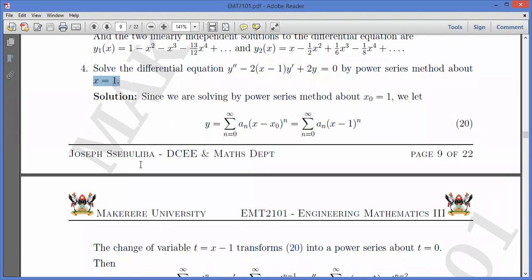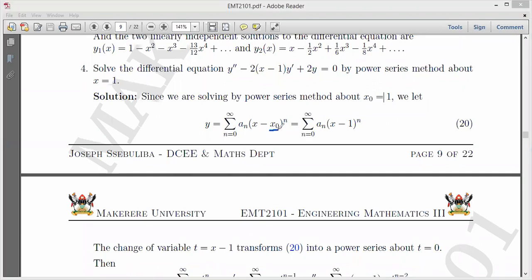That is one major difference. So you can see we are saying, since we are solving by power series method, about X naught is equal to 1. Remember, initially, in the first 3 examples, the X naught was a 0. But this time it is 1. So we are maintaining the X minus 1. That's why you see it is now X minus 1.